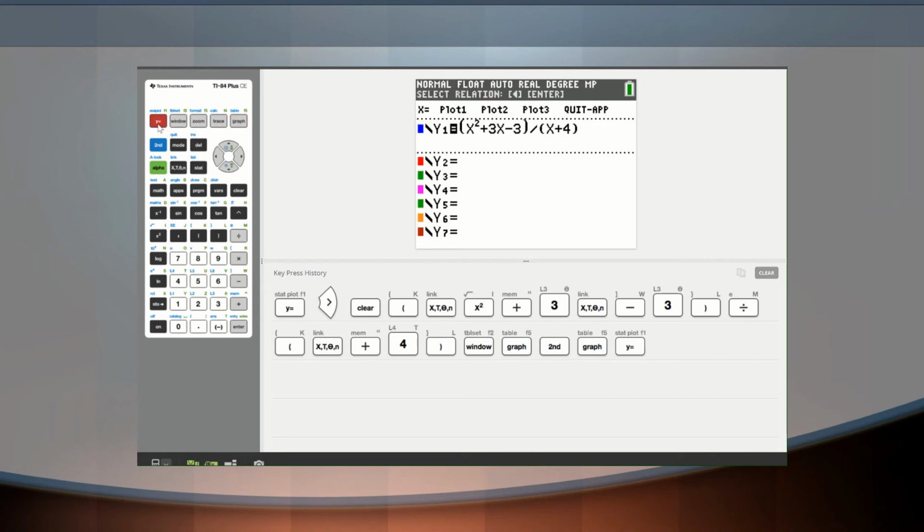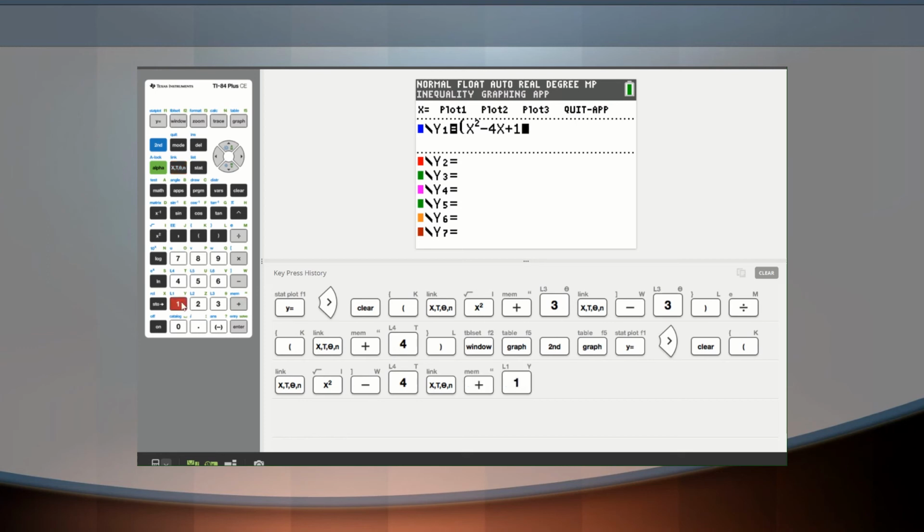Quickly, let's graph the second one. Again, I got to put the numerator and the denominator in their own parentheses for the calculator to read this correctly. And we had x squared minus 4x plus 1, divided by, close the parentheses, hit the division symbol, start another parentheses, 2x minus 3.